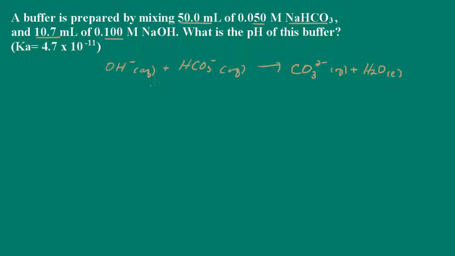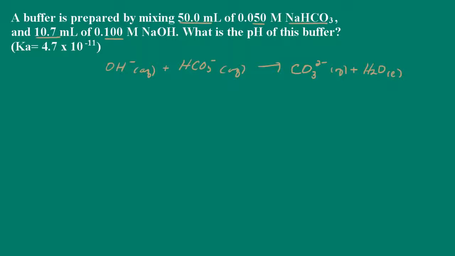I'm just writing the net ionic equation here. We're also going to have some sodium ion in here too, but we're interested in the reaction of the base, the hydroxide ion, a strong base, with the bicarbonate ion to produce the carbonate ion.